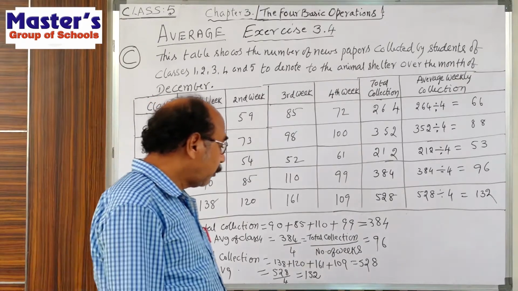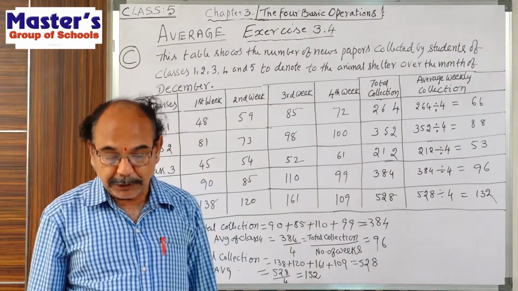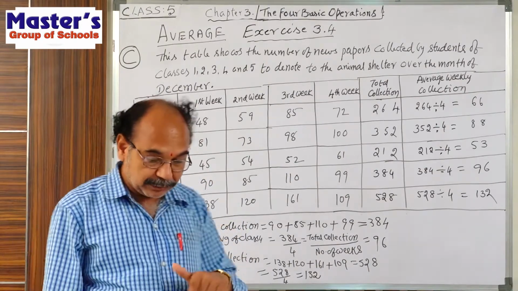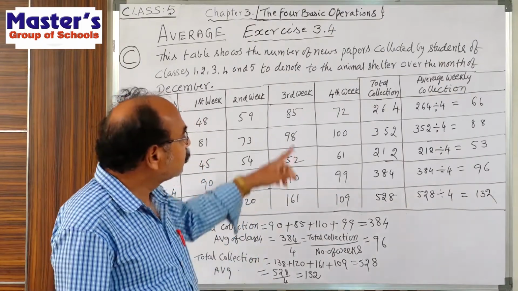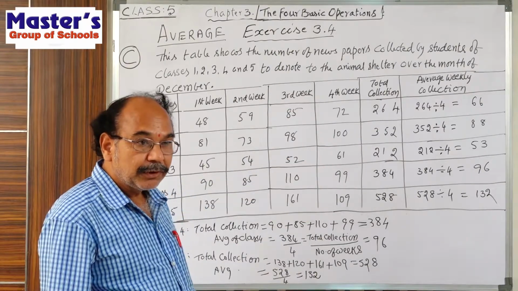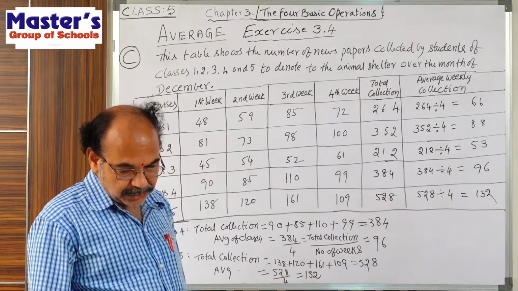You got an idea? Like this we fill the table. Now, under the table there are some more questions. To write the answers to the given questions, we have to observe the table work very carefully, and from the table you can give the answers.